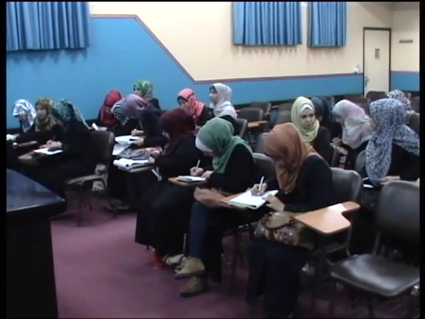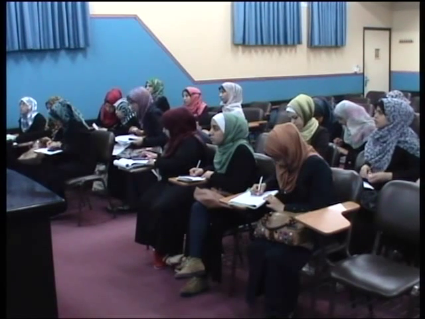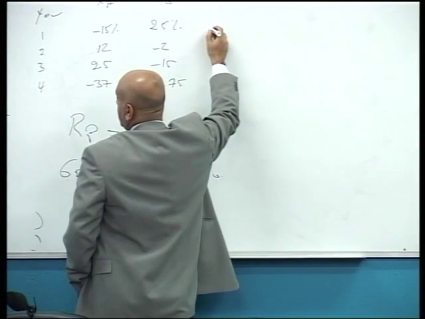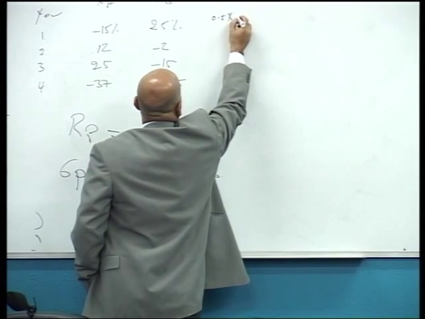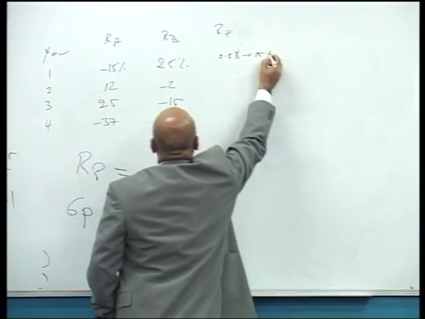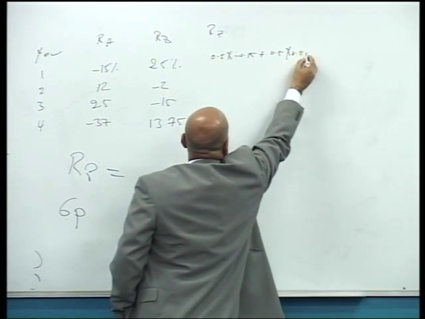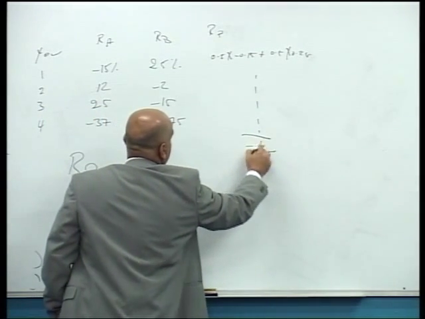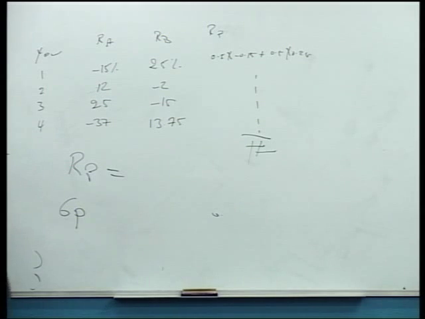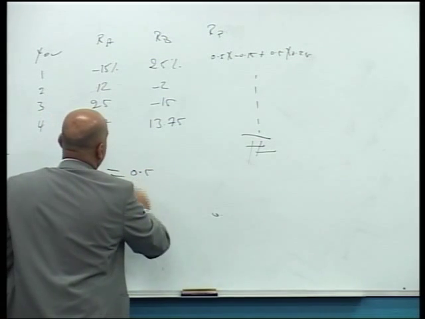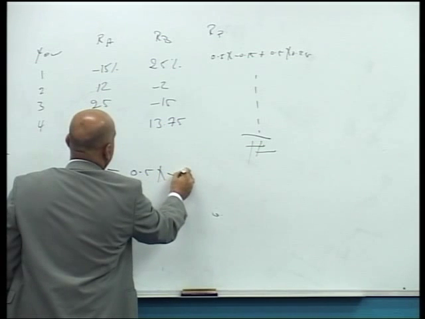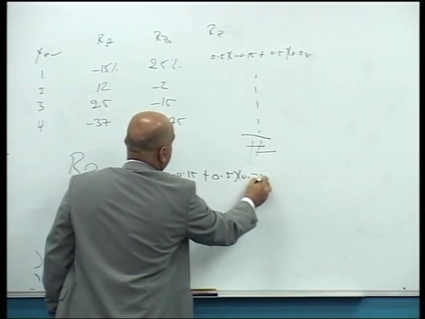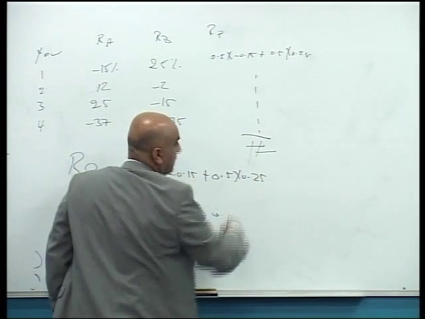You can do it like this: RA, RB, the portfolio, which is 0.5 times minus 0.15 plus 0.5 times 0.25, and you do the rest and take the sum.